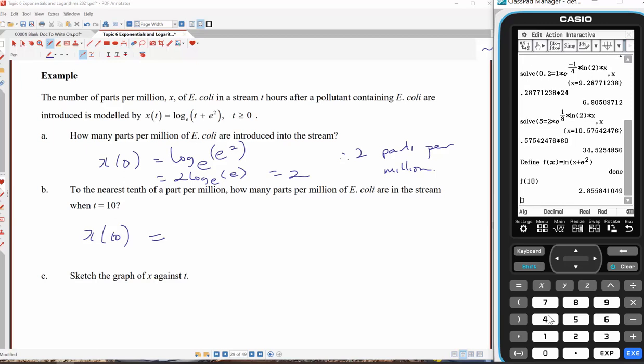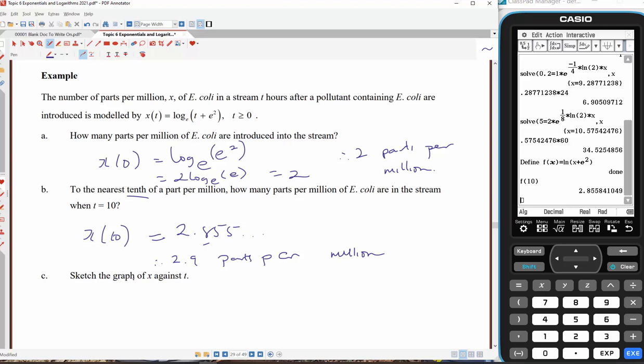I was going to say I could do the exact value simply by plugging in 10 there, but they want it rounded, so that's cool. Okay, so X is equal to 2.855... So the nearest tenth of a part per million, so that's going to be 2.9 parts. So therefore 2.9 parts per million.